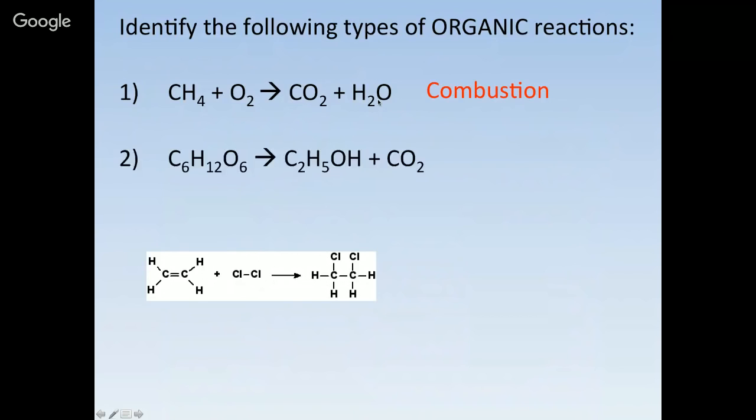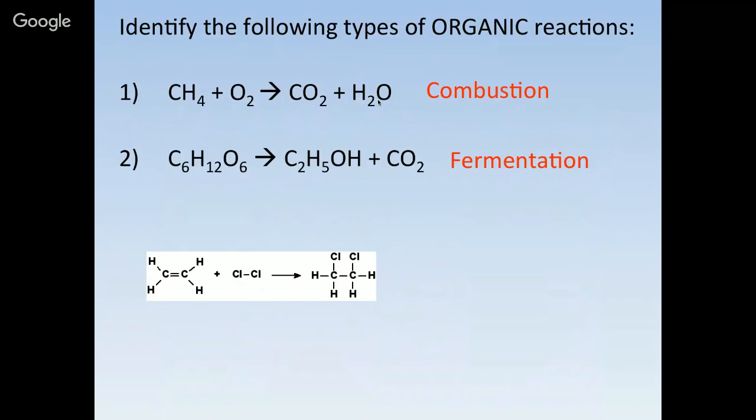All right, try this next one. What kind of organic reaction is this? Good job, Jake.